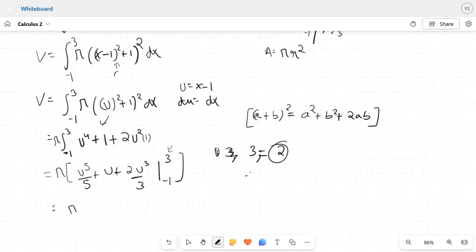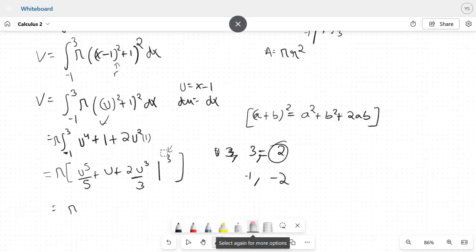Okay, so when x equals negative 1, the right side is going to equal negative 1 minus 1, negative 2. Okay, so those are going to be our new bounds of integration. So let's erase these two, and let's put in our new bounds of integration from negative 2 to 2.